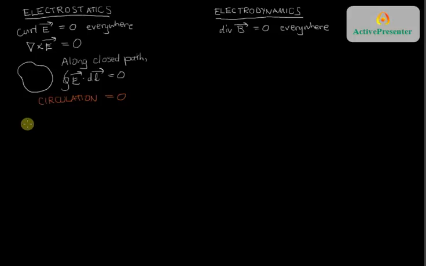Okay, so if that's true, we can now think about two points on this path, two points in space, A and B. And we can now think about integrating along an open path from A to B. We can think about integrating E dot dl, the same quantity that when we have a closed loop we call circulation.